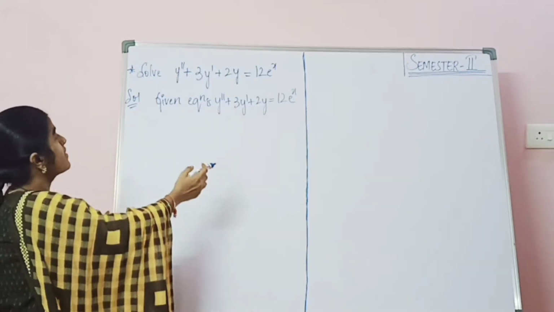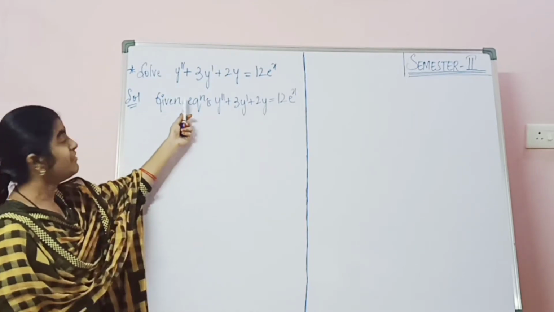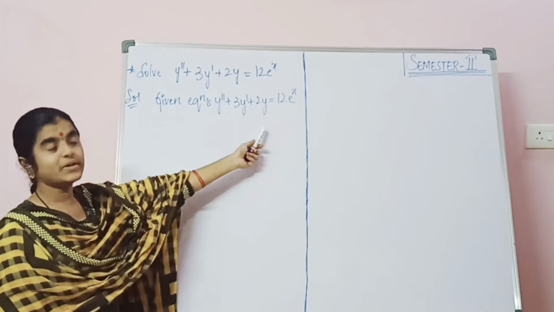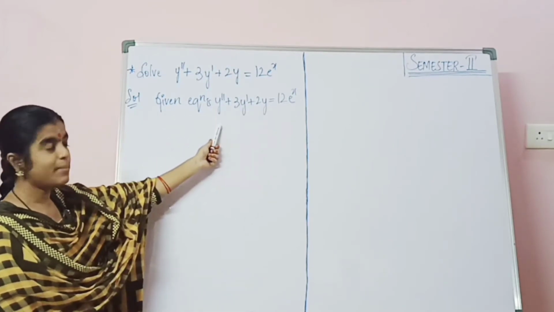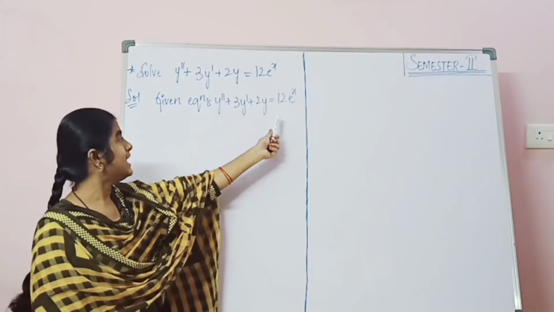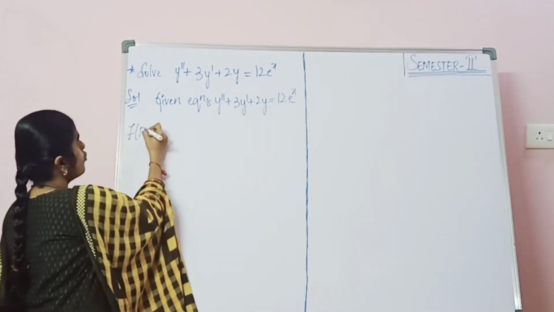Let's discuss one more sum. What is given here? Solve. What is the question given here? Solve y double dash plus 3y dash plus 2y equals 12 into e power x. So given equation is y double dash plus 3y dash plus 2y equals 12 e power x. Now first we have to write this in the operator form.